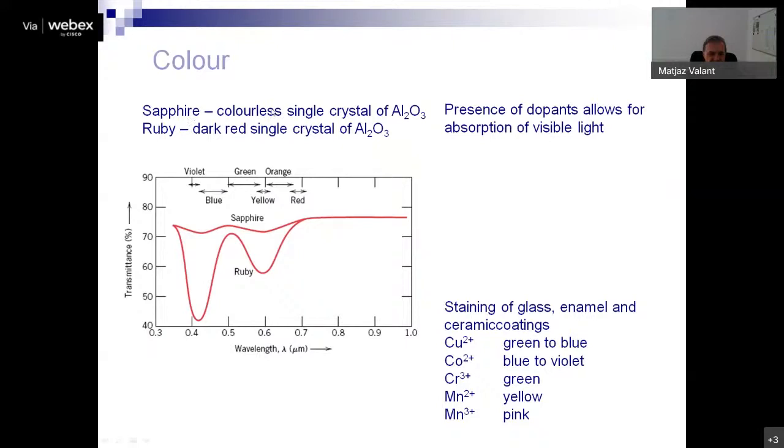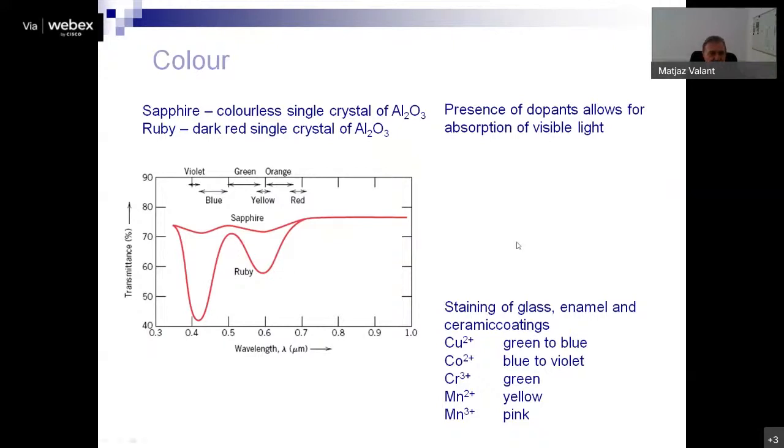Sapphire is colorless, while ruby is dark red, but they have all the same structure. So why is it so? Very simple. Ruby has some impurities in its structure, and these impurities then absorb light in the wavelength range where it can emit the red light.